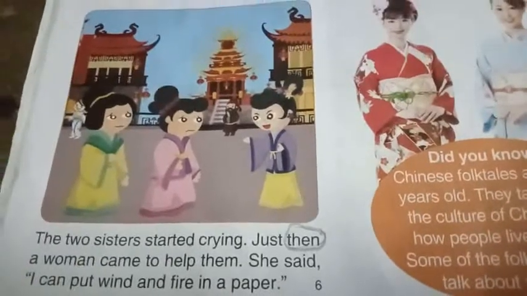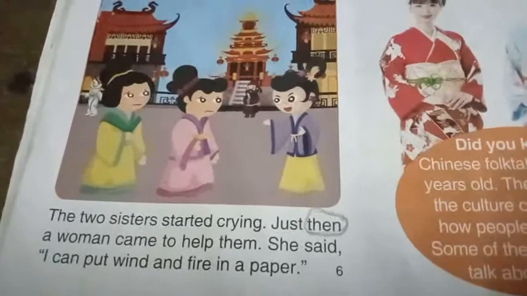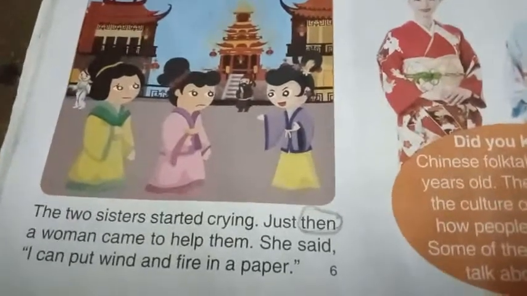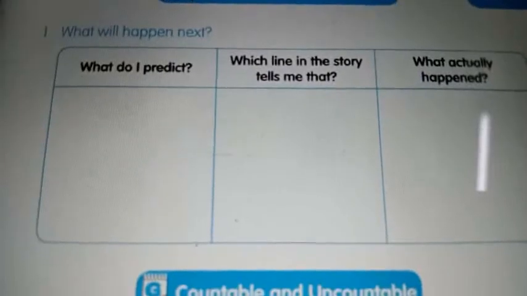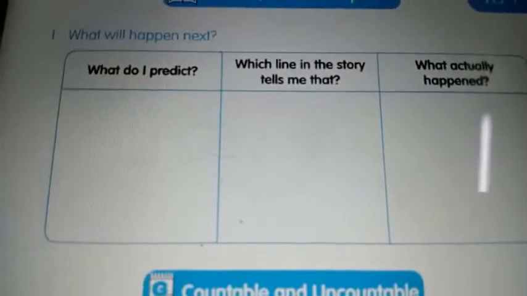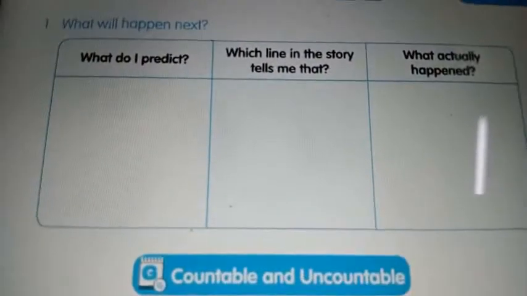Did you listen to the story in class today? Yes, let us see the predictions. First one, what will happen next? What do I predict? You have to guess the meaning. And tomorrow we will discuss this, okay? Which line in the story tells me that?